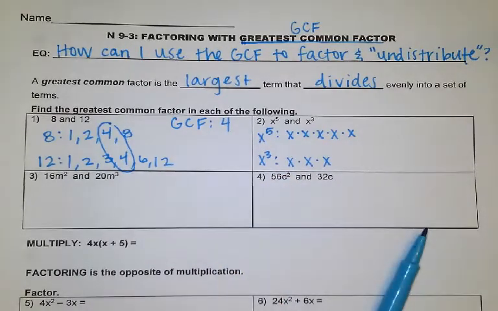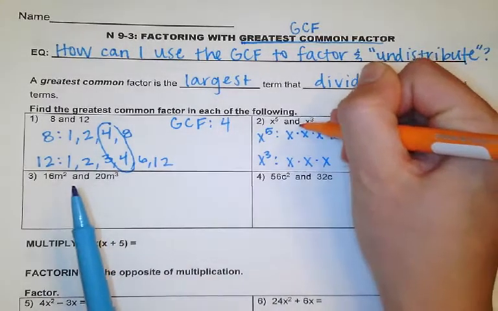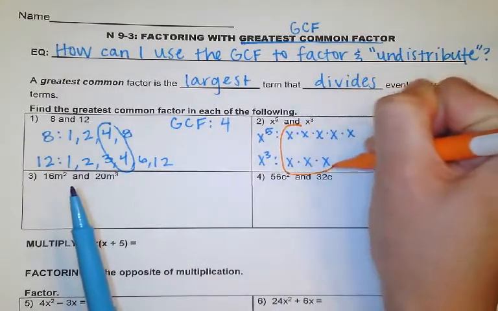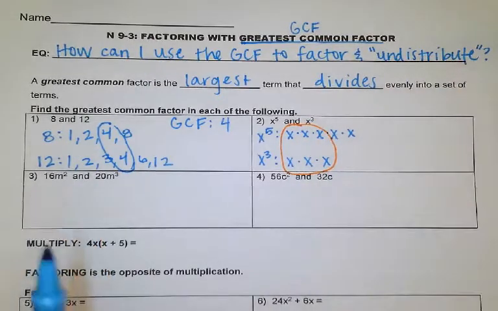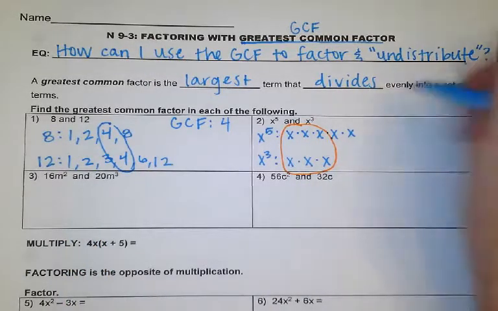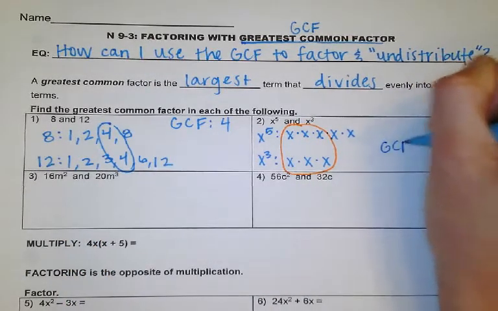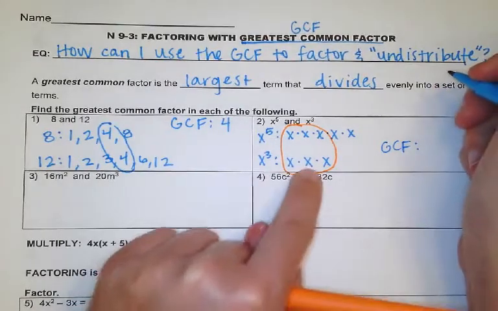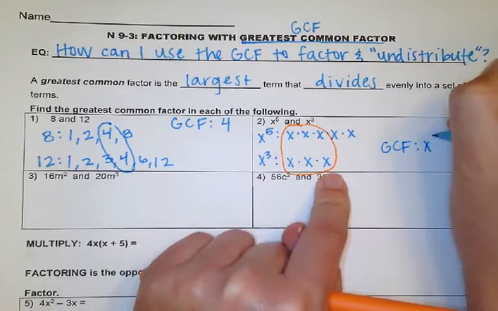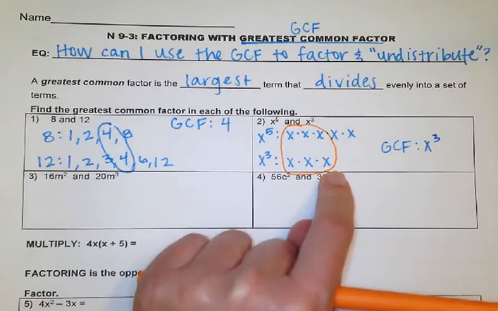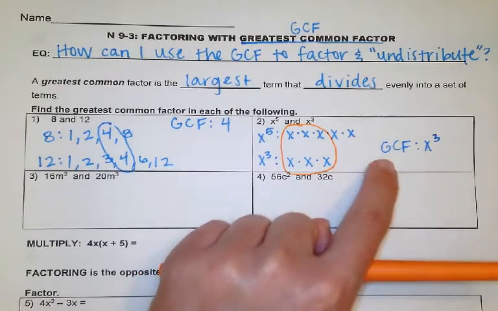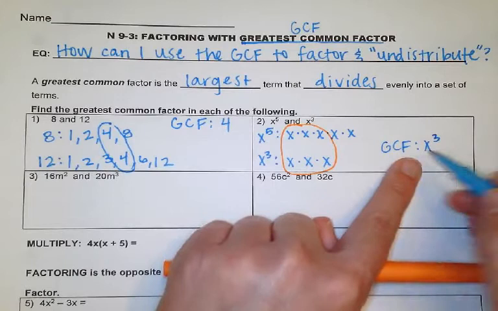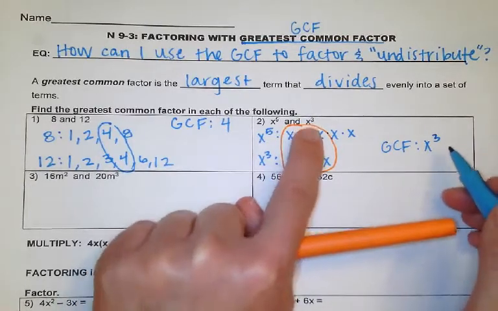And if I look at what they have in common, how many x's do they share? Well, they both have 3 x's at least multiplying. So their GCF is x times x times x, or x cubed. So even though we're finding the greatest common factor, it ended up being the one with the smaller exponent.